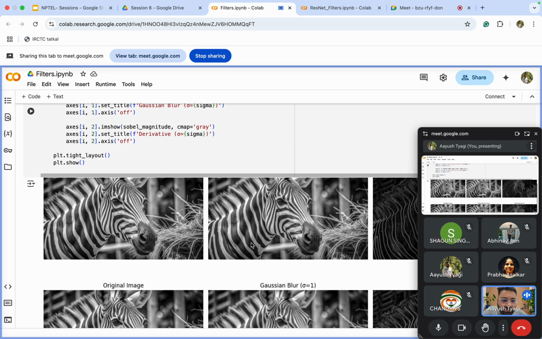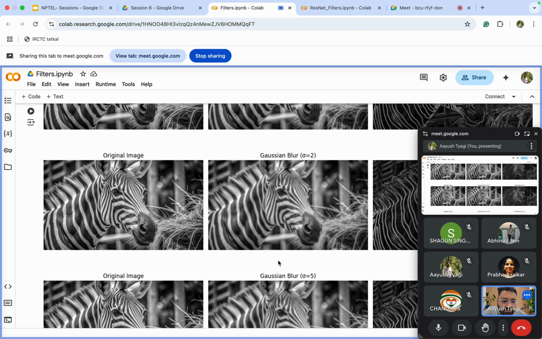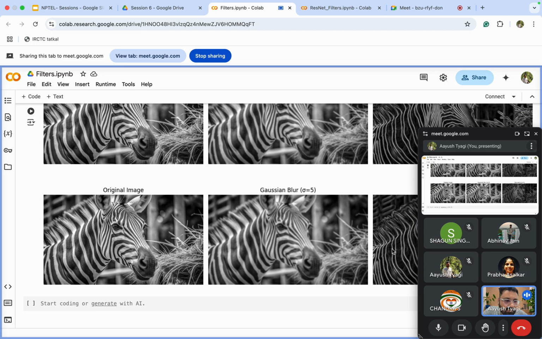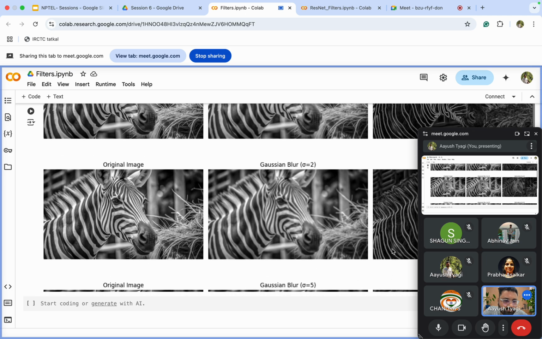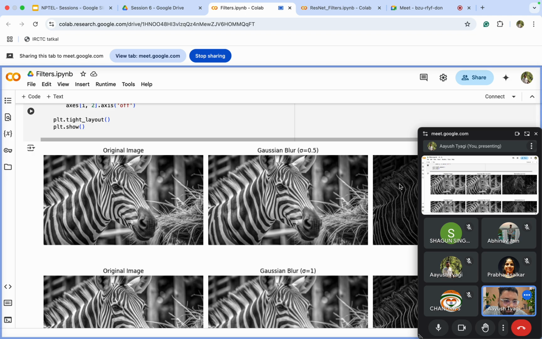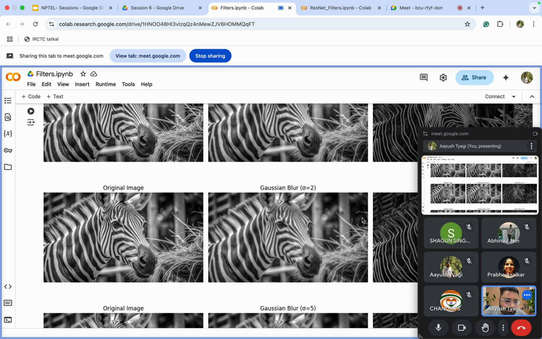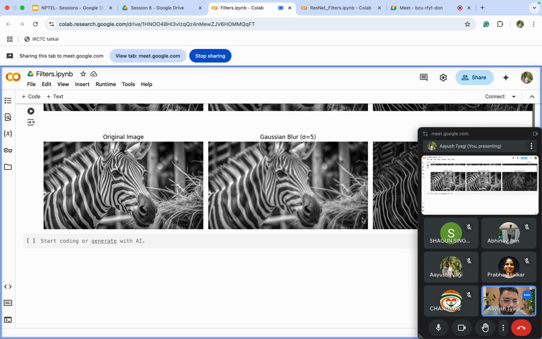Can you see that there's a reduction in the sharpness? The edges are wider. This is much sharper, right? They're much wider edges now.